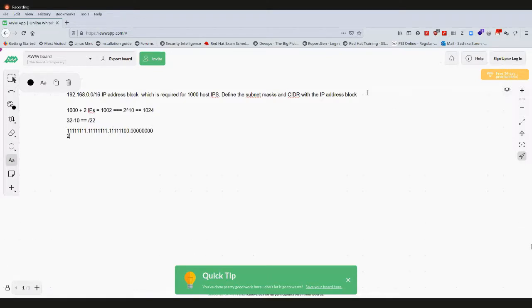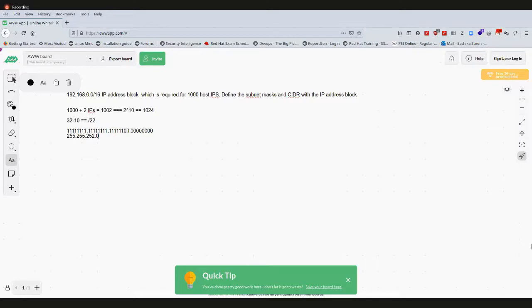That means 255.255, and from the third octet we have to remove 1 and 2, so it's going to be 252.0. So this is the subnet mask.